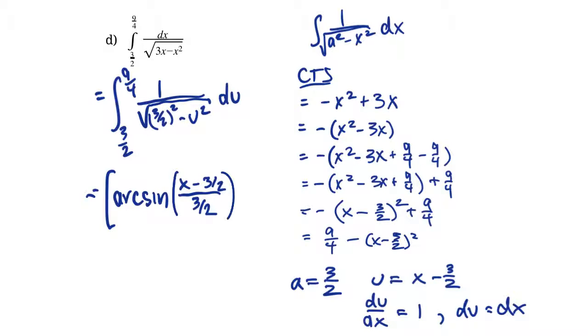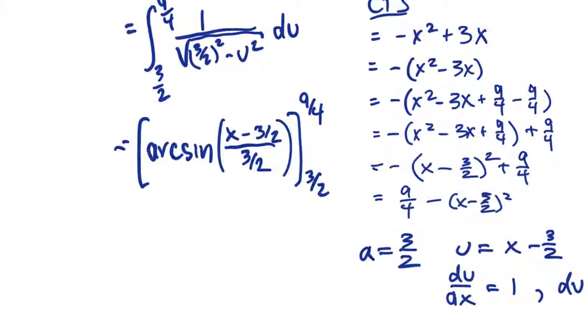That's all inside the arc sine. And then just plus c. Oh, sorry, not plus c. This is a definite integral, so we have to evaluate this between 3 halves and 9 quarters. So there we go. Now we might as well finish this off here.